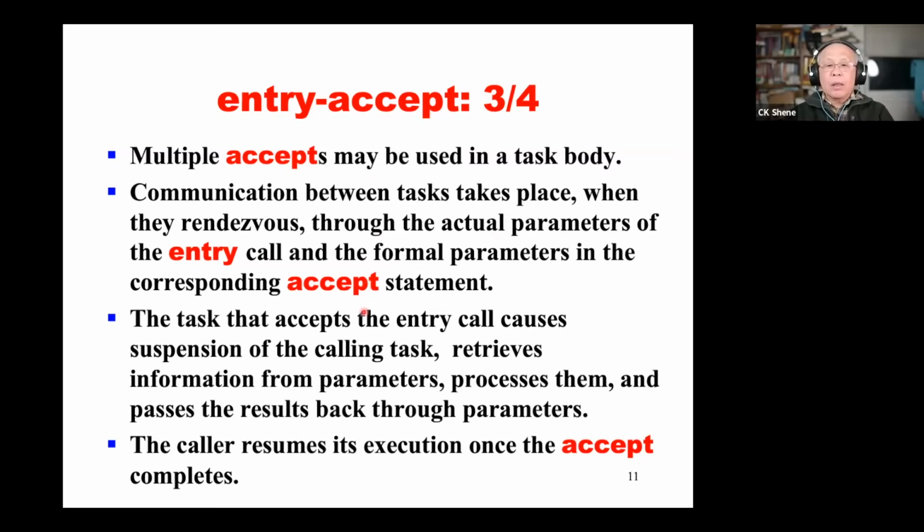The task that accepts the entry call causes the suspension of the calling task. Remember, synchronous communication. It retrieves information from parameters, processes them, and passes the results back through parameters. You don't need to pass them back. But if necessary, it could be a two-way communication. So the caller resumes its execution once the accept completes. Of course, the task executing the accept statement also continues.